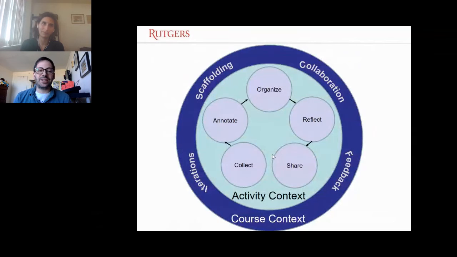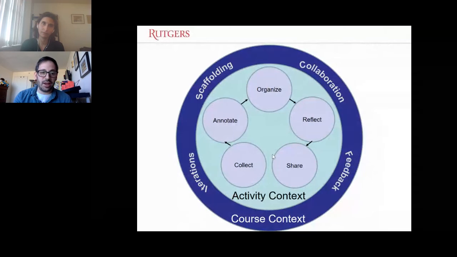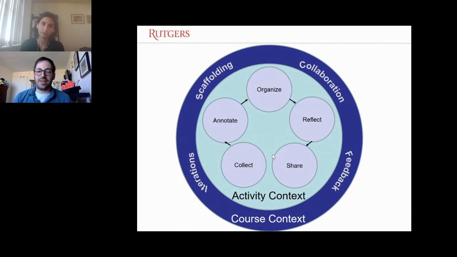So for our sake, then, we were looking for a tool that addressed these activity level and course level needs. We needed for our learners to be able to collect, annotate, organize, reflect on materials that are collected, and then share their content collections for feedback from us and from peers.